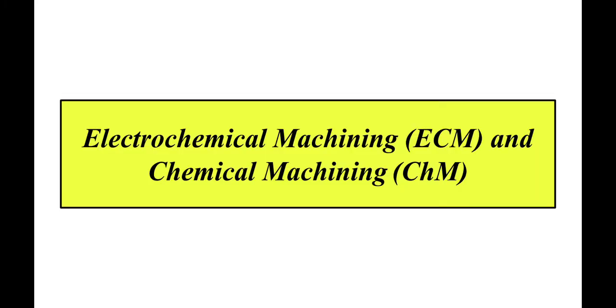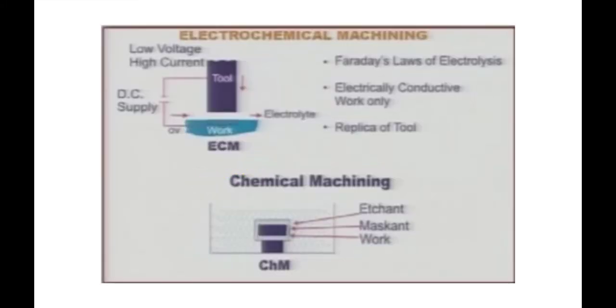now there is another process known as electrochemical machining. You must know electroplating. This process is just the reverse of electroplating. In this particular case, you have the tool, you have the workpiece. Both are electrically conductive, and then you use what is known as electrolyte.